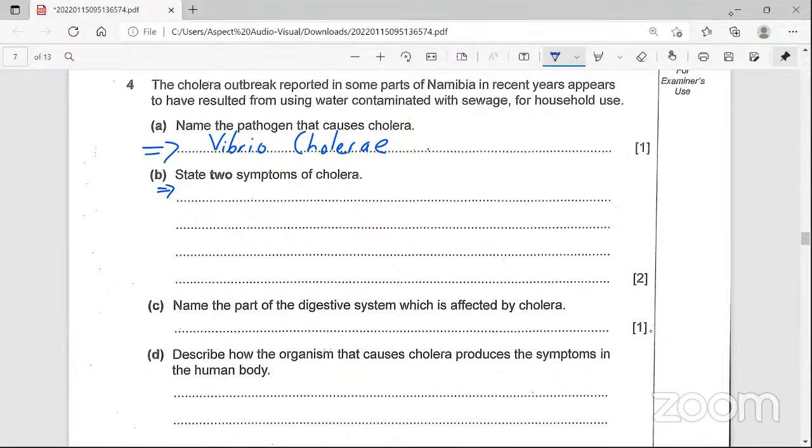Now, state 2 symptoms of cholera. Diarrhea. No, that's not the spelling. What I noticed is that it has only 2 R's.